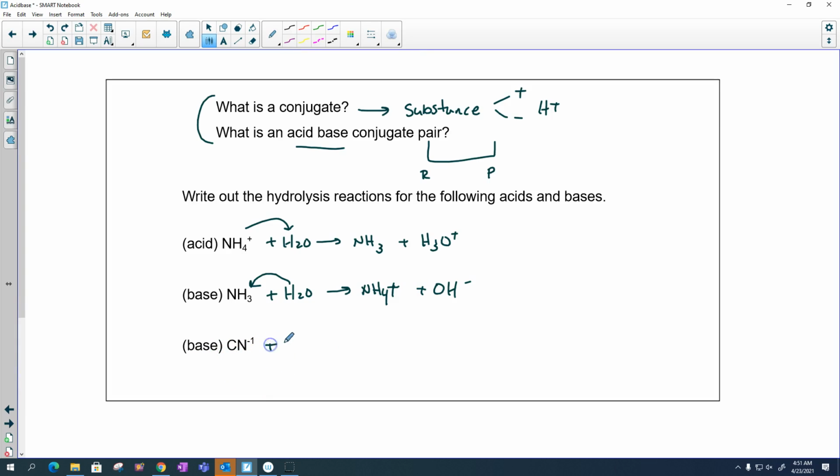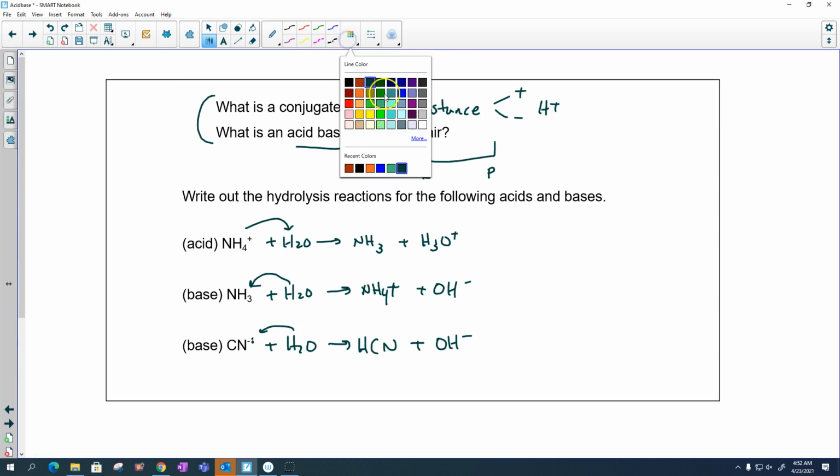So CN negative plus water, H2O, donates back this way, and we're going to get HCN, now back to neutral, plus OH negative. Interesting note here. Now, how would we go about linking these things?